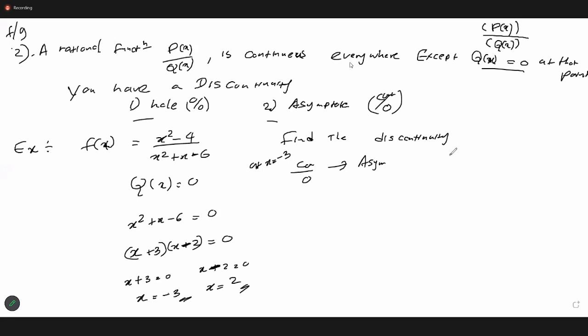Then what happened at x equal to 2? Upper part going to 0, lower part going to 0, then this one should be 4. So these two are the discontinuity points. First one, x equal negative 3, it is called an asymptote, and when x equal to this, we can define it as 4 because of this one, 0 divided by 0.